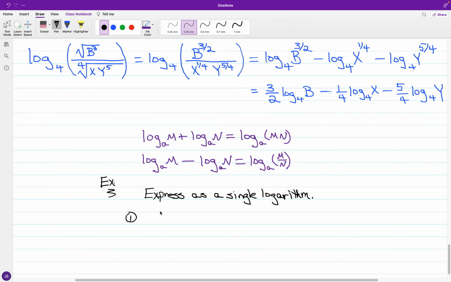Now we'll say we have, first of all, working with base 2 logarithms.